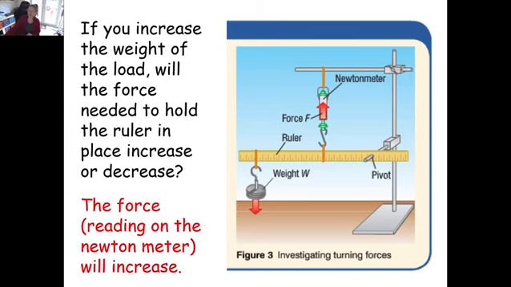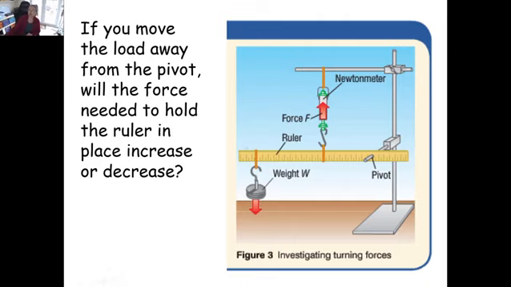Well, of course, the force reading on the Newton meter is going to have to increase. If you're putting more weights on here, you're going to create a bigger downward moment, and so to hold it in place, you need to create a bigger upward moment, which means creating a bigger force. Equally, what would happen if we kept the load the same, but we moved it a further distance from the pivot point?